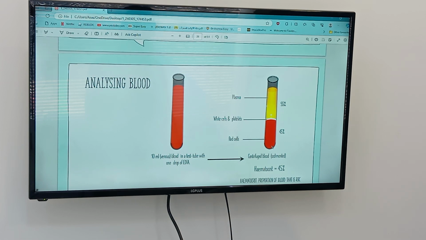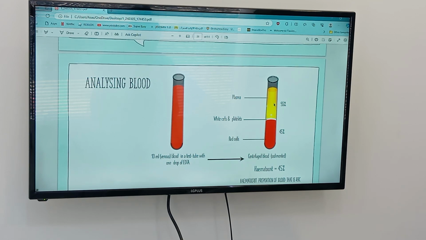Look, the sediment of the red blood cells here consists of 40% of the blood, while the white blood cells we can see deposited over the red blood cells. Why? Because the red blood cells' weight is higher than the white cells. The sedimentation will be at the end of the test tube.